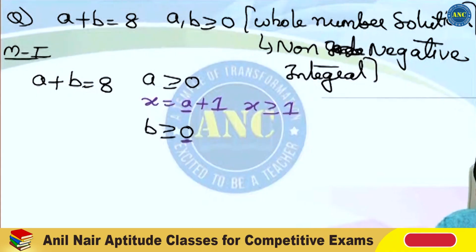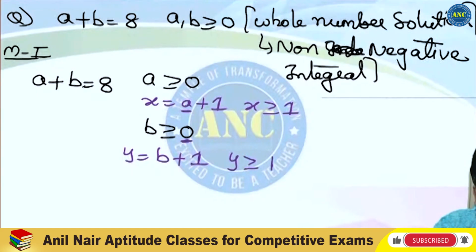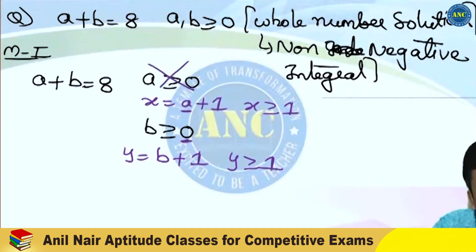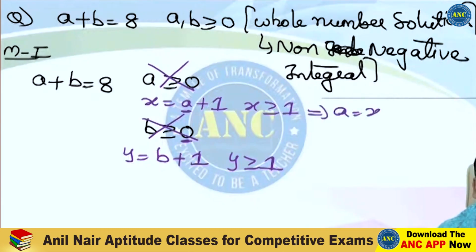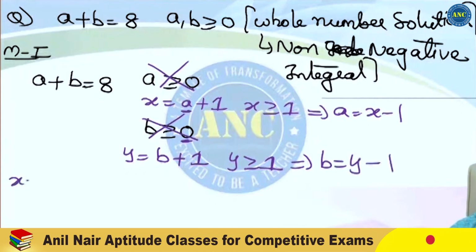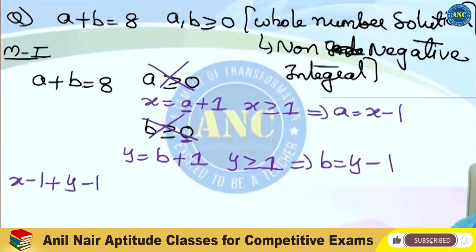Make the domain from 0 to 1. y is b plus 1, y greater than or equal to 1. So a is x minus 1, b is y minus 1. So x minus 1 plus y minus 1 equals 8.